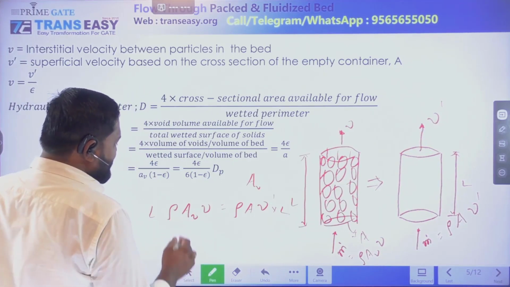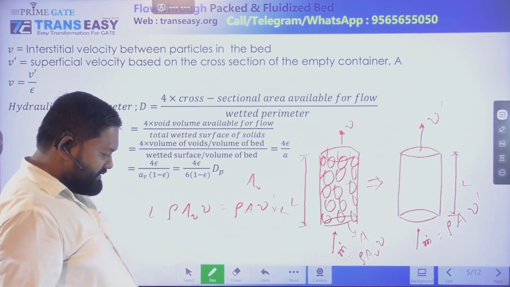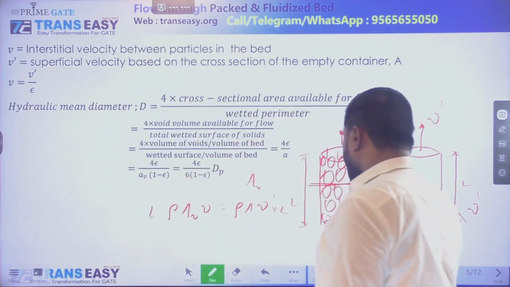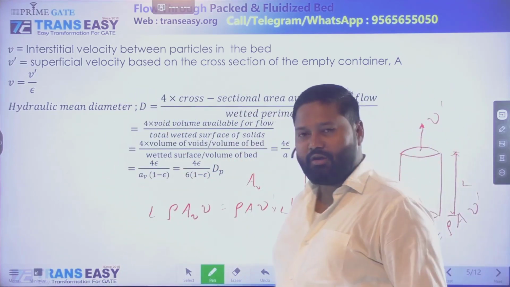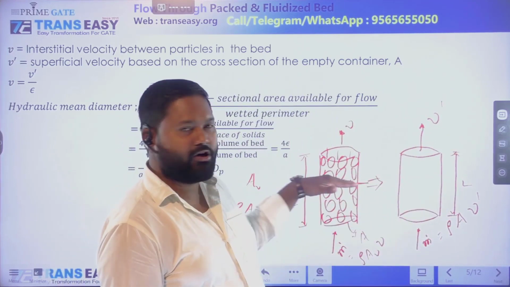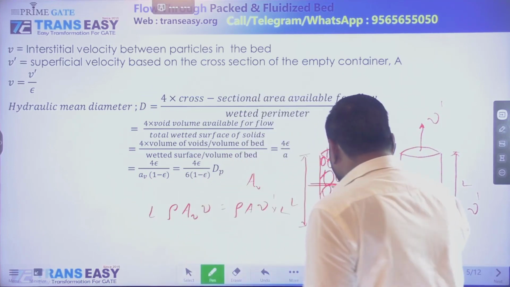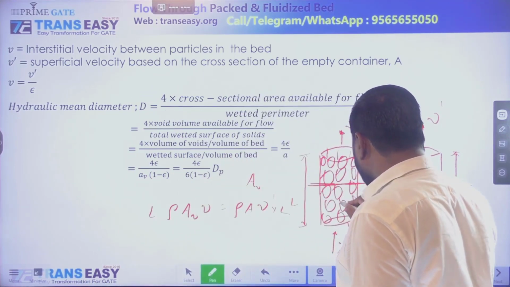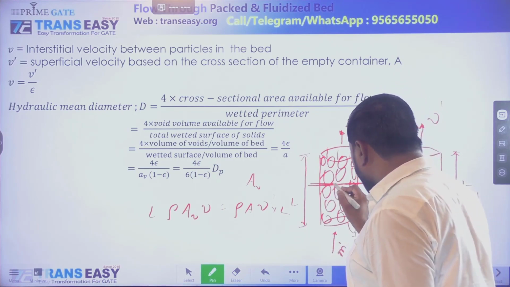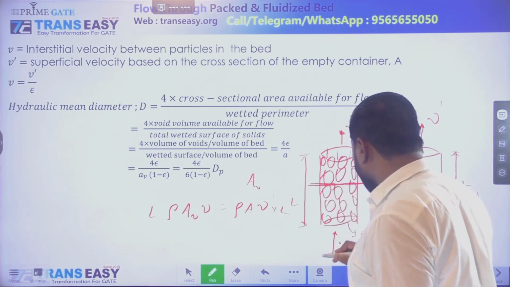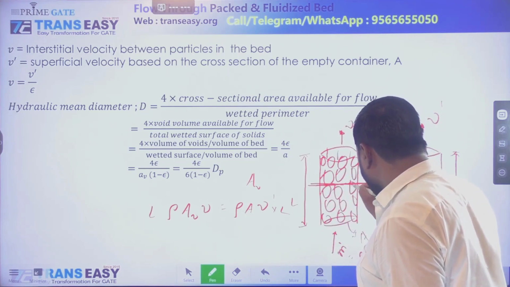So dear friends, Av is the area in a cross section which is empty, not created by solid particles. We take a cross section, so the area in this cross section due to void is this plus this plus this plus this, not this area.